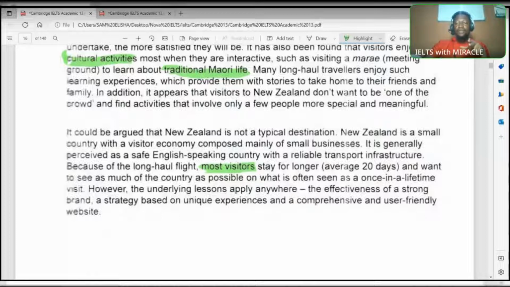It is okay because of the long haul flights. Most visitors stay for longer, average 20 days, and want to see as much of the country as possible on what is often seen as a once in a lifetime visit.